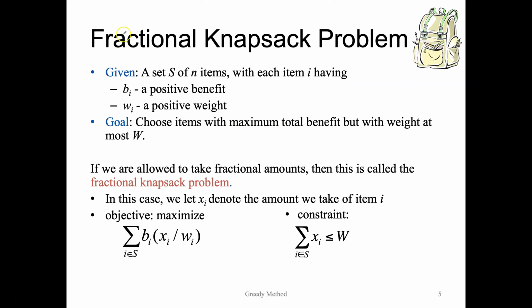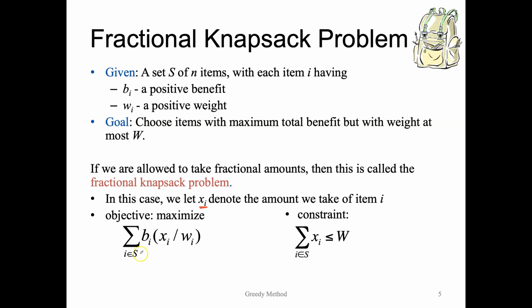Okay, so with the fractional knapsack problem, since we can take only a portion of an item, so we could take none of it or we could take half of it or something, we're going to use another parameter xi to represent how much of some item we take. This is some value which is between 0 and however much weight wi of this item that we have.